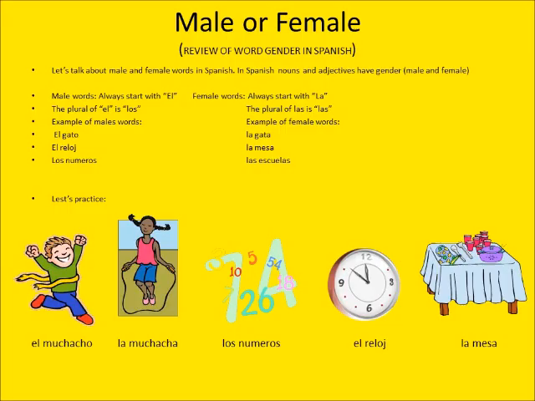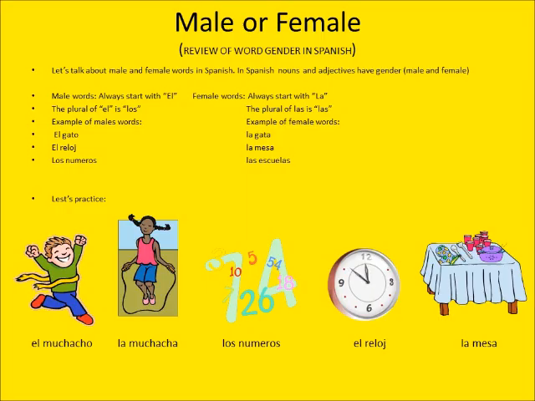In English, of course, an adjective doesn't have a gender. We don't talk about adjectives or objects in English as being male or female. In Spanish, however, they have to be either male or female.